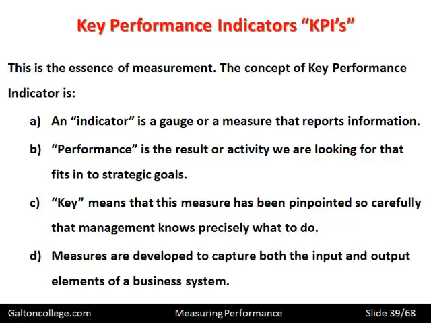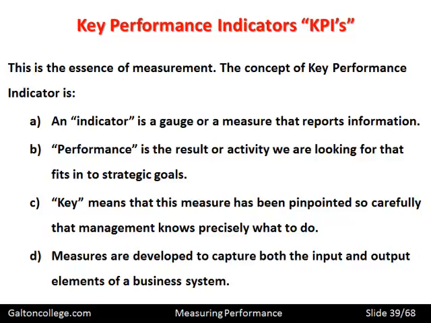Measures are developed to capture both the input and output elements of a business system. So there can be measures of inputs: the number of workers in a particular process, the number of machines, the amount of space in the store. These are inputs.